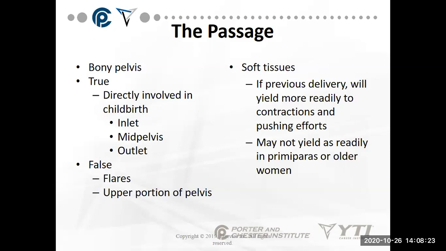Sometimes when the baby passes through, it has a different shape, but it's more of a molding effect. And they are important landmarks in determining how the fetus is oriented within the mother's pelvis during birth.